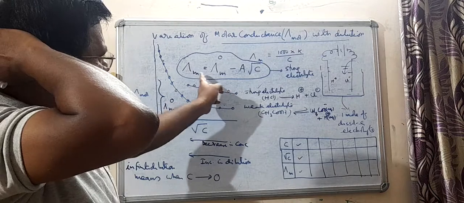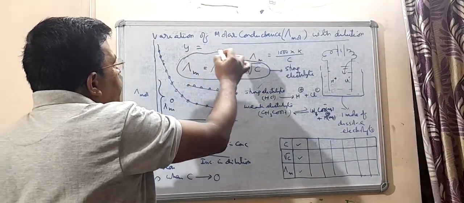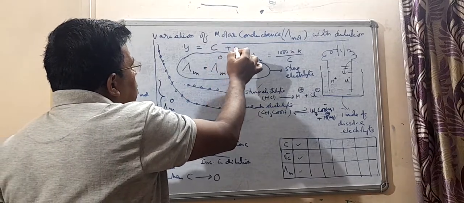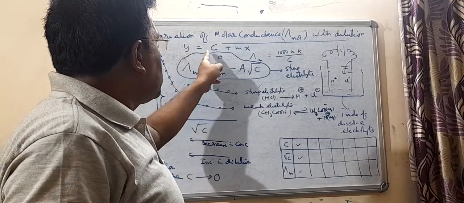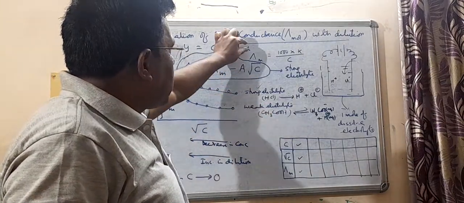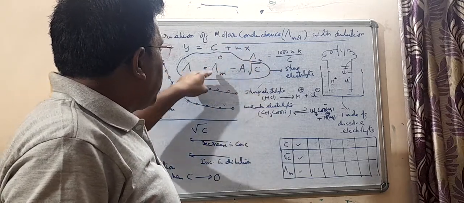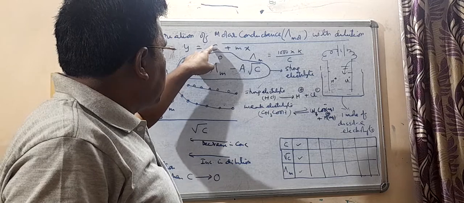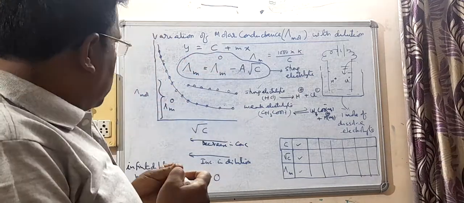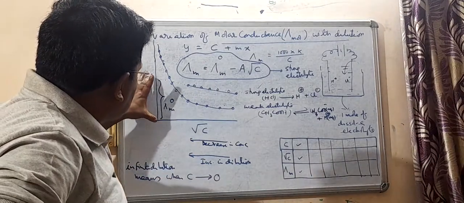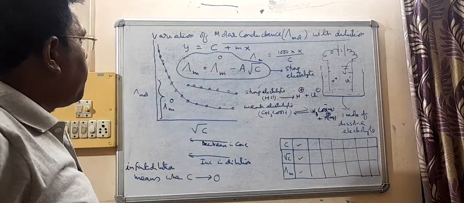Because this equation for strong electrolyte is of the form Y equals C plus mx, where x is matching with root C, and the intercept is molar conductance at infinite dilution. So that's why this intercept will be the value of molar conductance at infinite dilution.